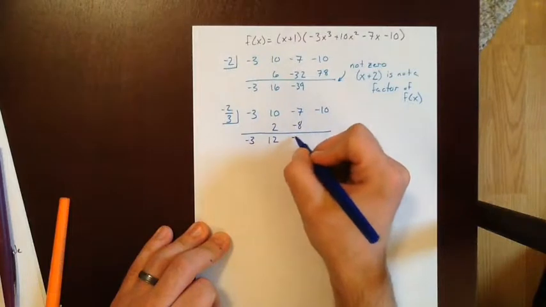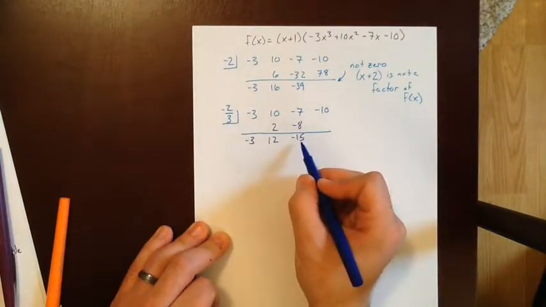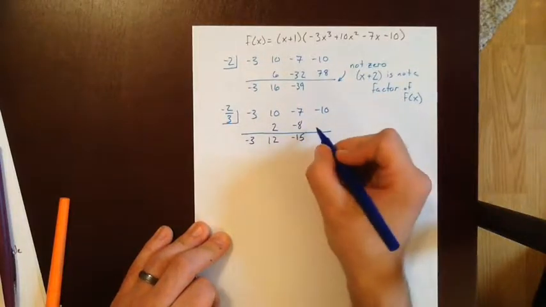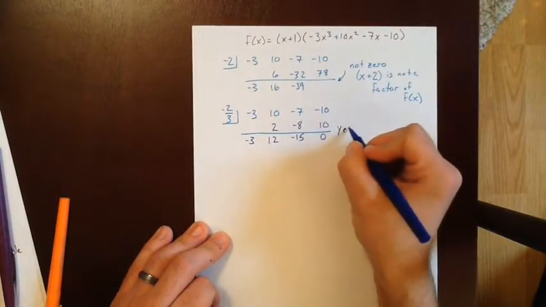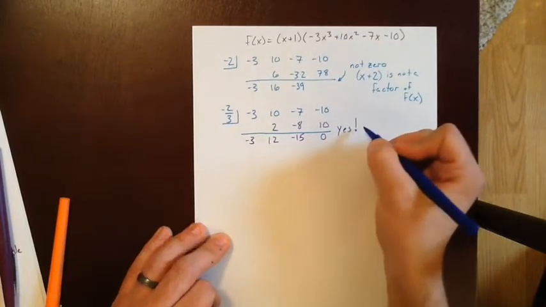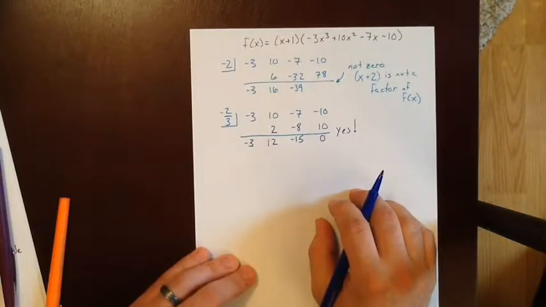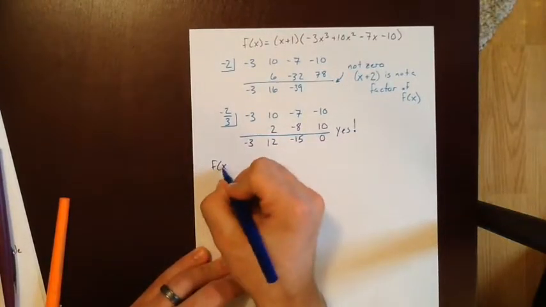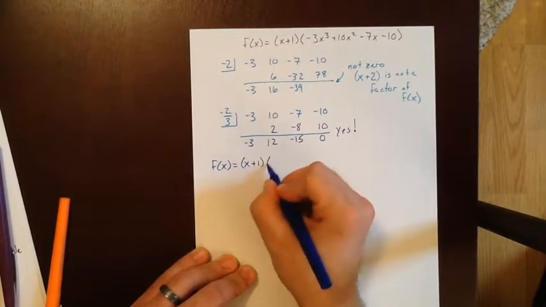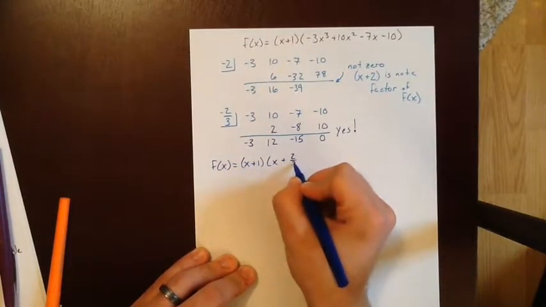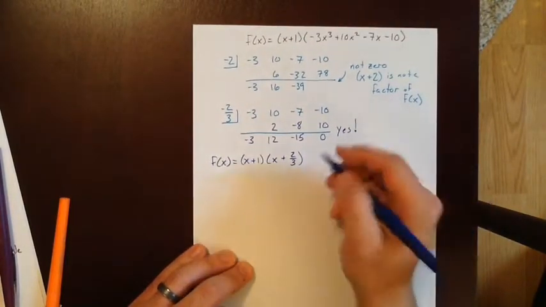So you have -15. -2/3 of -15 is +30/3, which is just 10, which gives us 0. Yeah, so that's good. We wanted that. So we have our second negative zero. So our function now looks like x plus 1, x plus 2/3. So there are the two negative zeros.